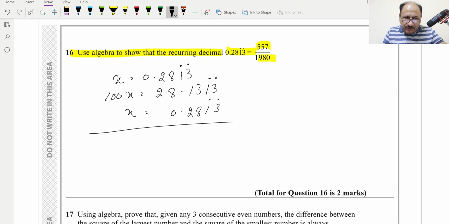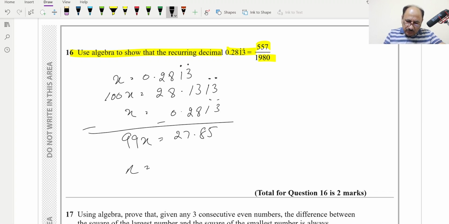So this will be 99x after subtraction, so 99x is equal to 27.85. If we divide, then x will be equal to 27.85 over 99, and we can multiply the numerator and the denominator by 100.